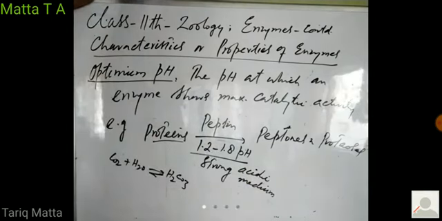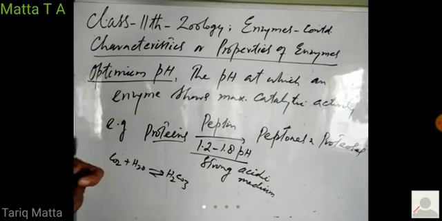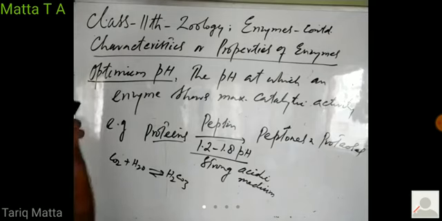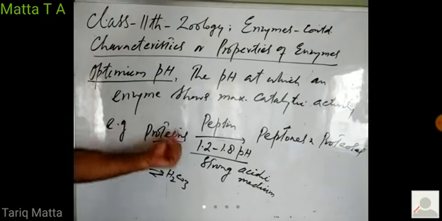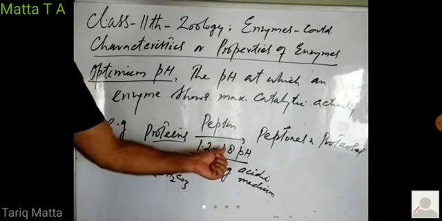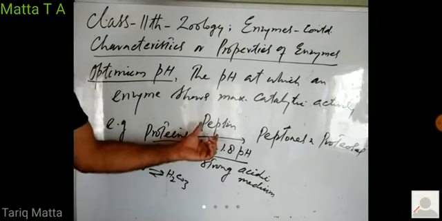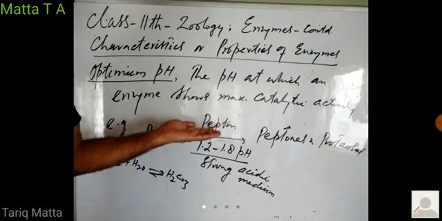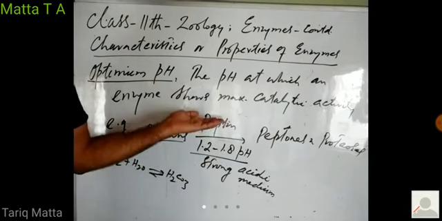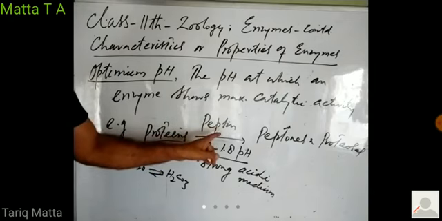So our enzymes which are released in gastric juice for digestion of proteins work best in an acidic medium, at a low pH, right? Pepsin has got an optimum pH of 1.2 to 1.8. At this pH, pepsin will show maximum catalytic activity. If the pH is raised, now if the pH goes to 5, 6, 6.5, then pepsin will not show the maximum catalytic activity.